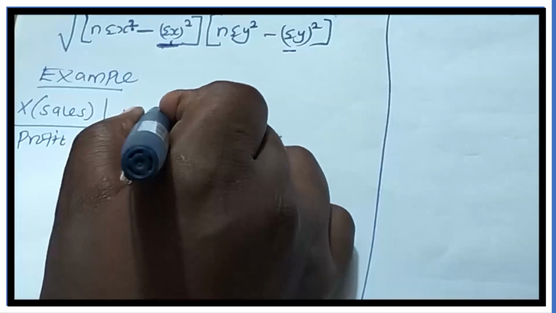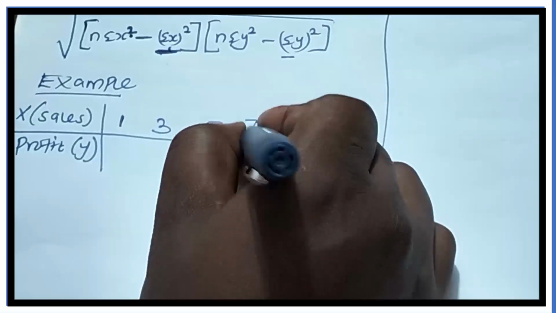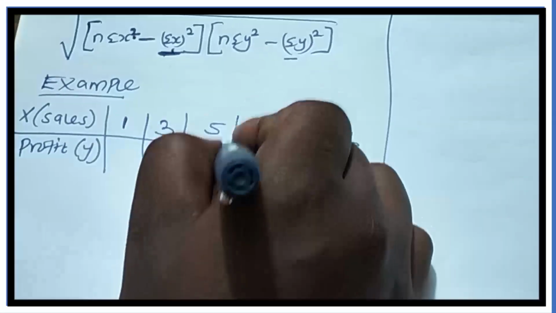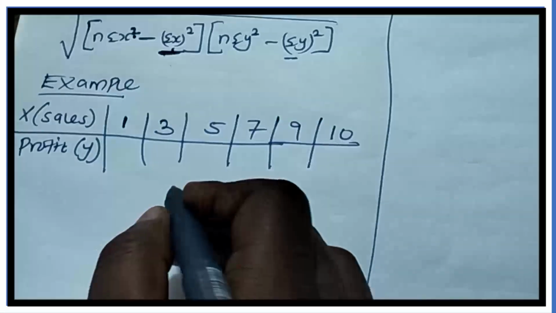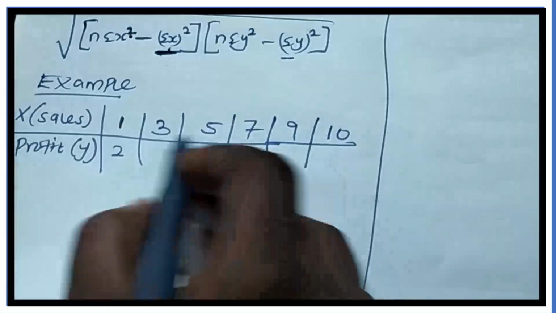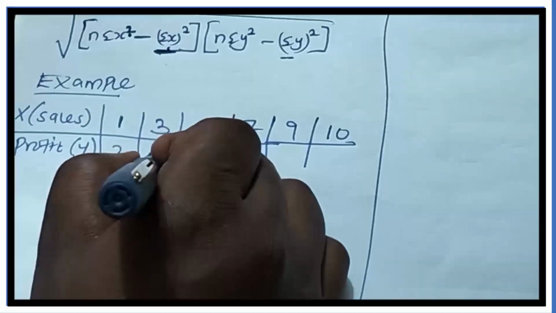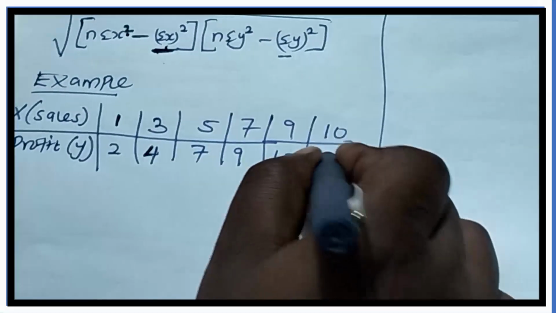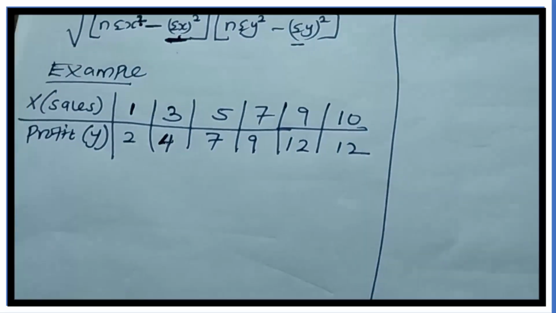Assume we have 1, 3, 5, 7, 9, and 10. So in that case we are comparing using 6 data points, and y is 2, 4, 7, 9, 12, and also 12 here. So we want to calculate the correlation.